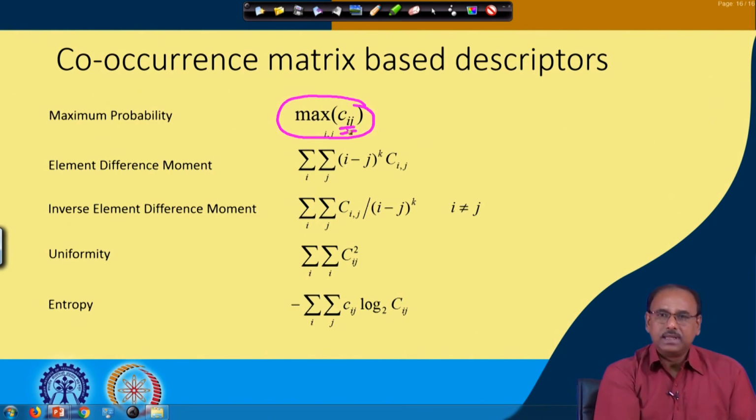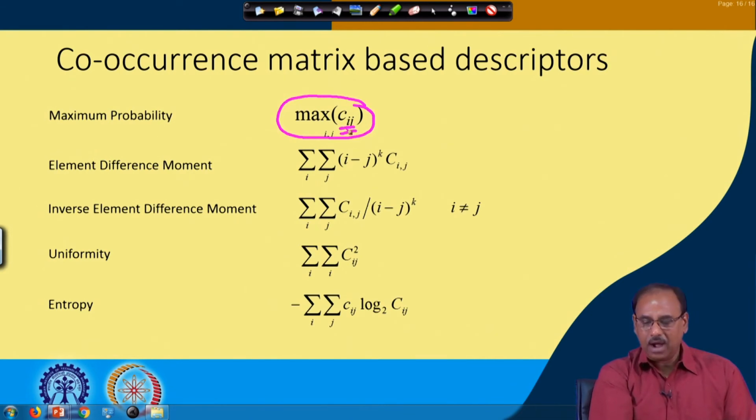So, one of the properties that I can extract is the maximally occurring pair of intensity values i j. The other one that I can compute is what is known as the element difference moment of order k, which is given by the summation of i minus j to the power k times C i j, taken over all values of i and j. What is the significance of this?